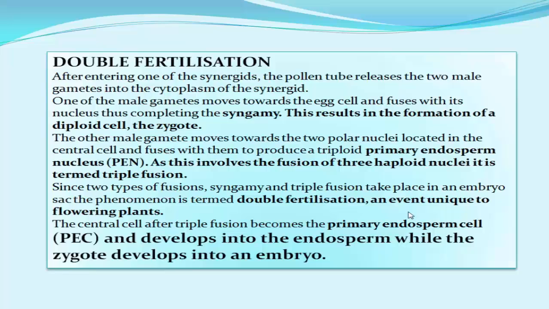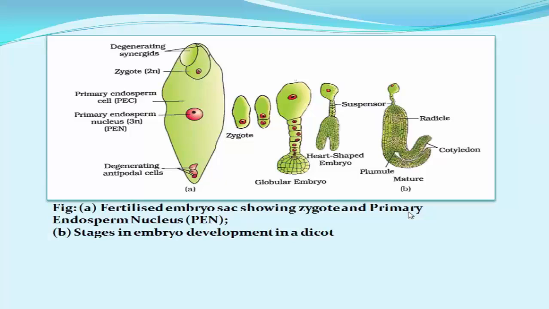But now it has already completed the double fertilization and triple fusion. Now the central cell containing the primary endosperm nucleus, it is referred as primary endosperm cell. So here you can see the same explanation.